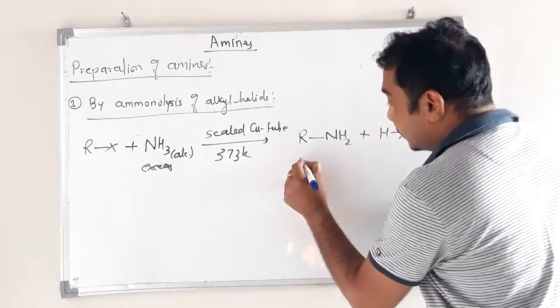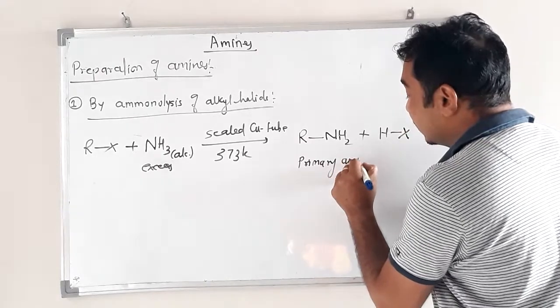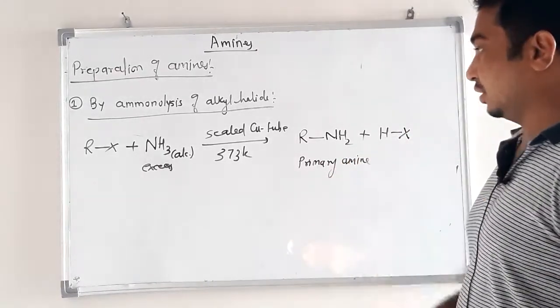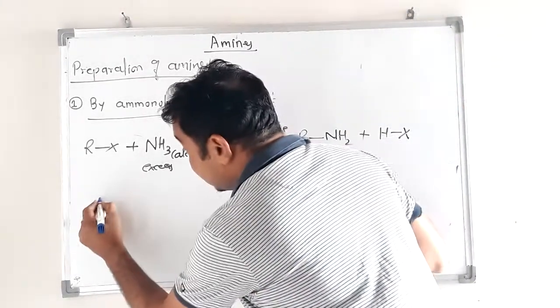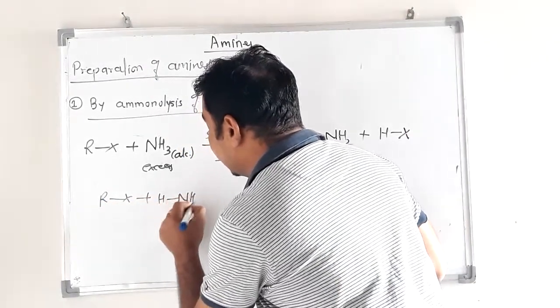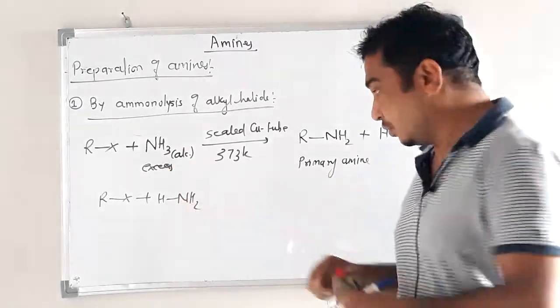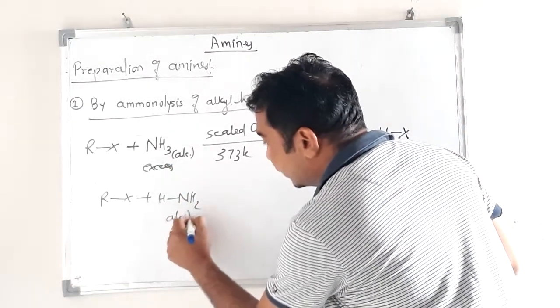This is the primary amine and the side product. So what actually happens? This RX reacts with NH3, which we can write as H-NH2, the alcoholic solution of ammonia.